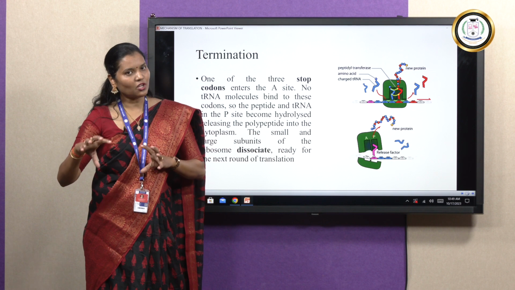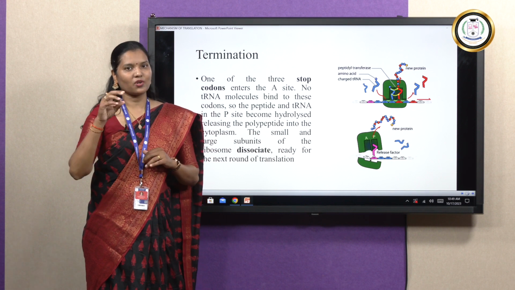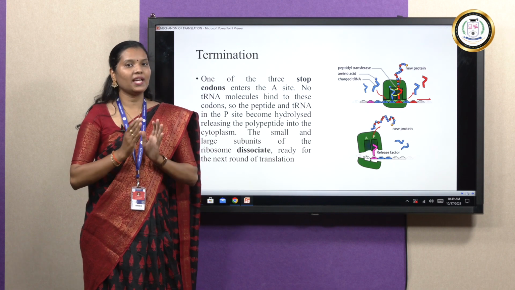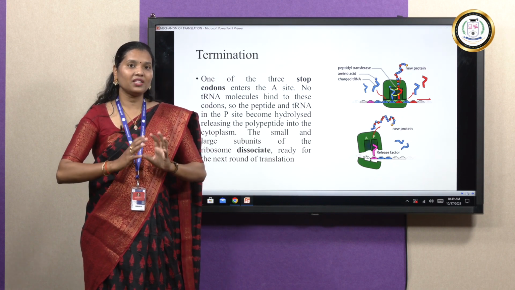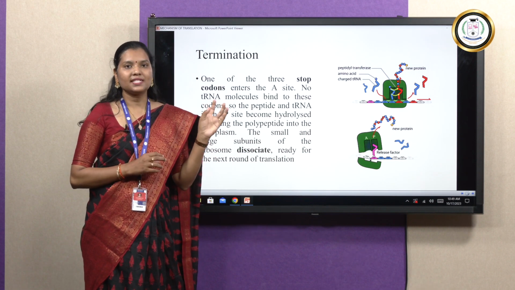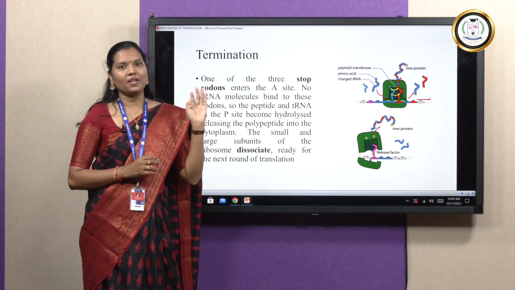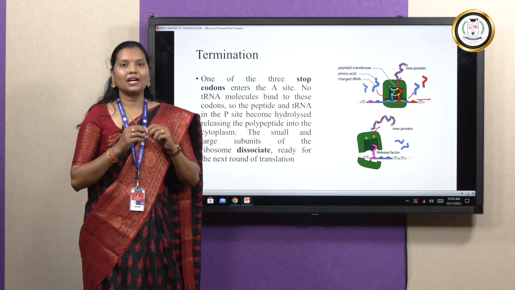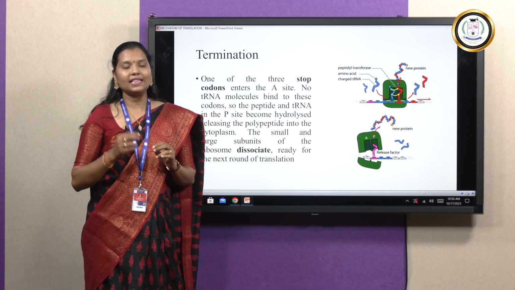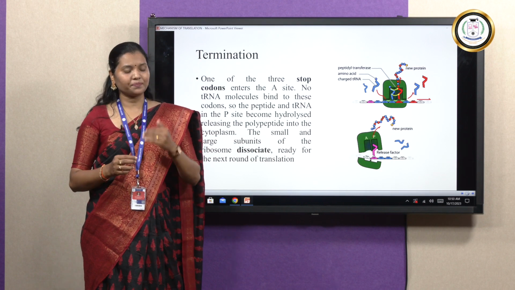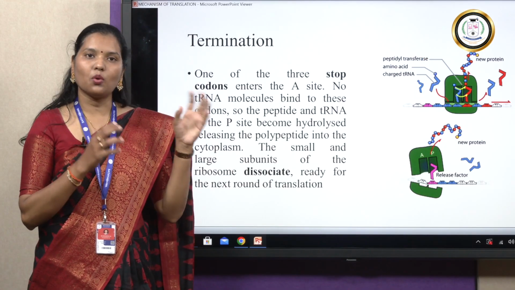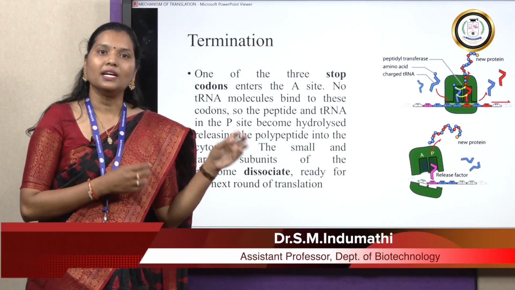So when there is only a stop codon, there won't be any tRNA joining in the A site. Now the A site is empty finally. The P site only has the tRNA which contributed the final amino acid to the growing polypeptide chain. This enzyme, GTP and release factor complex will cut the peptide bond between the grown polypeptide chain and the tRNA in the P site, and the tRNA will exit via the exit site, and the grown polypeptide chain is also released.